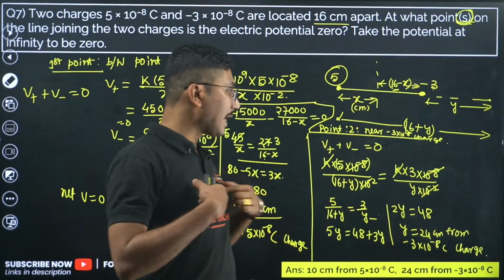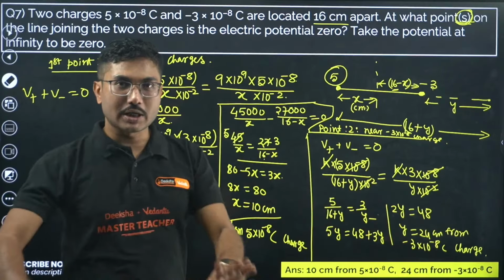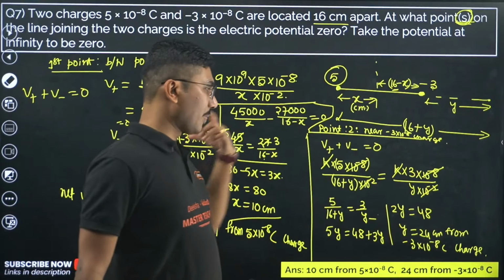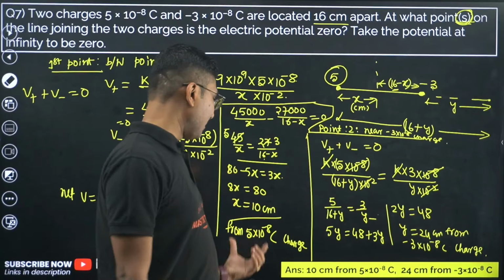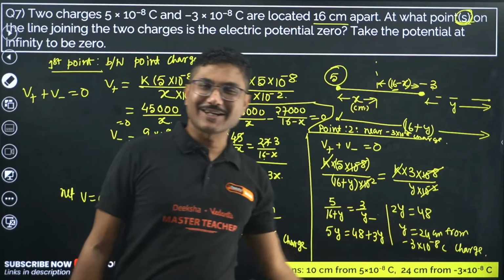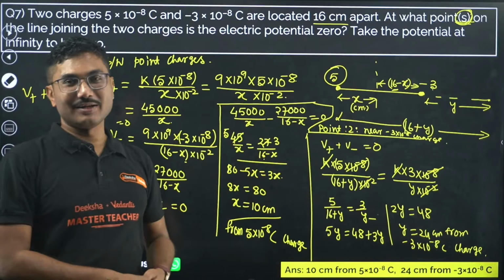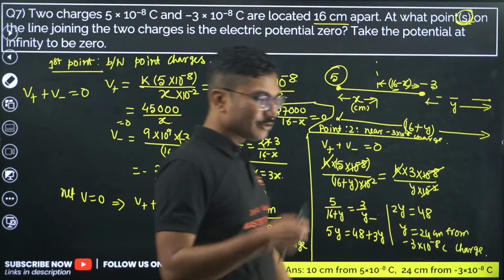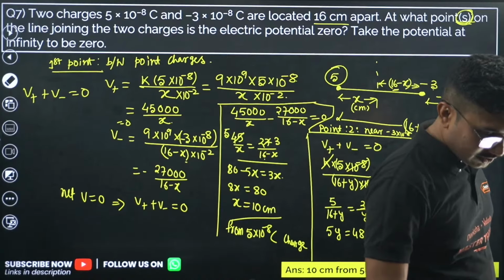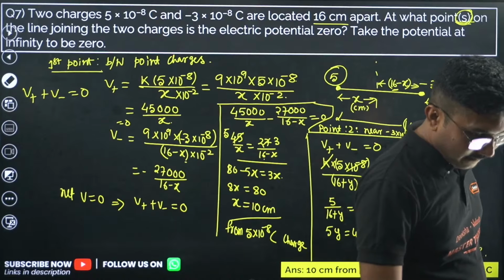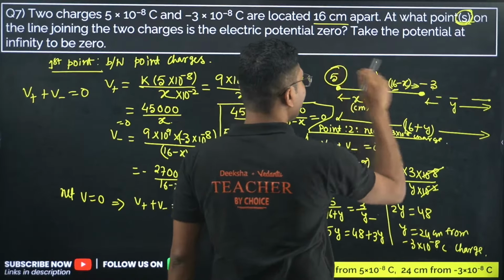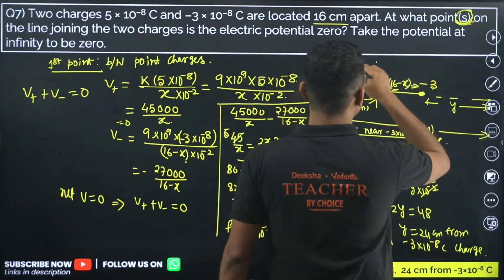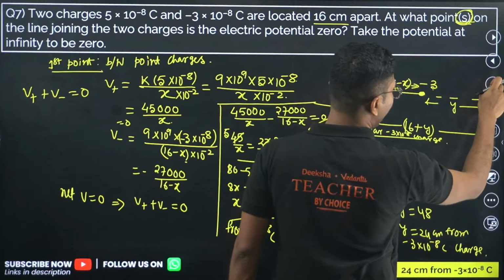For example, I got 24, Amya got 40, both are correct, but Amya did not mention from which charge he got the answer, but I have mentioned both charges, so I will get full marks and Amya will lose 1 mark. So make sure you mention from which charge. Yes, you can do it as long as you mention that, okay, I want to do it from 5, that is also fine.